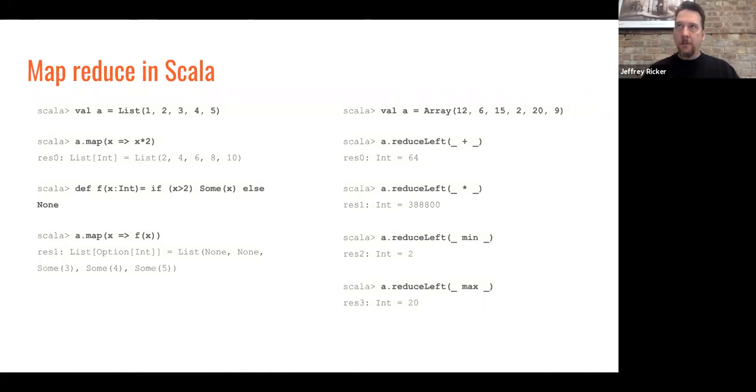Under the hood, it can actually be running in parallel, making use of the resources within the CPU to apply that map function to every element of the list in parallel. And it's not just simple arithmetic. There's another function here where I eliminate from the list anything that's less than 2, and it can apply that function to the list as well.